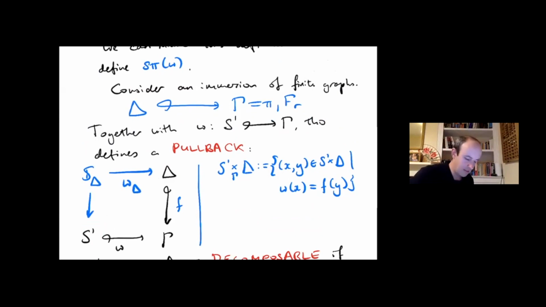Together they give me a point in this fiber product if they both get sent to the same point in gamma. Okay. So that's a thing called a fiber product.